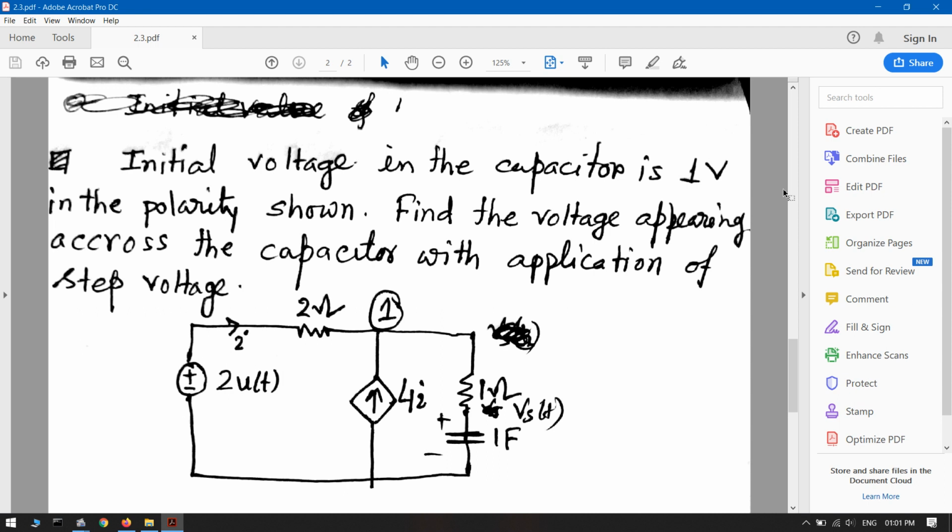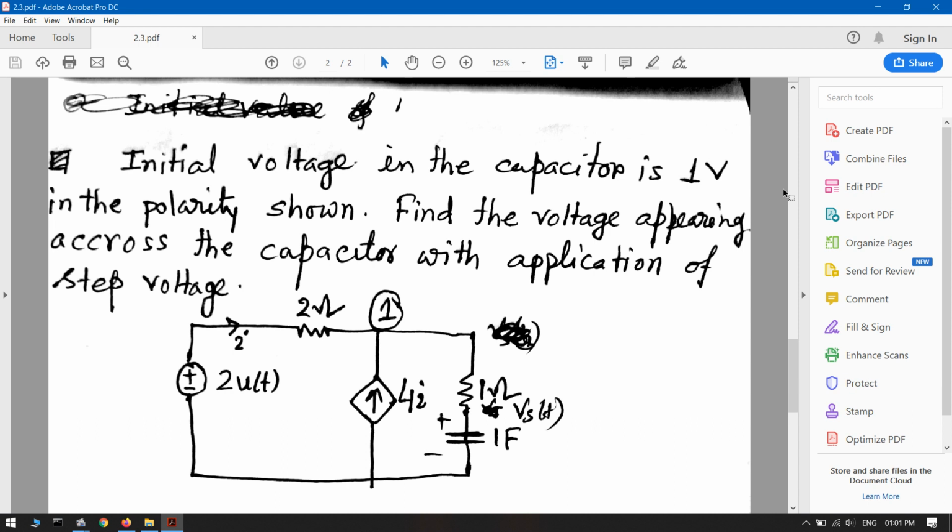Outgoing current, to calculate that outgoing current, that will be voltage at node 1, that is V1 of S in frequency domain, and voltage Vs. So this difference divided by the resistance R, that is 1 ohm resistance.